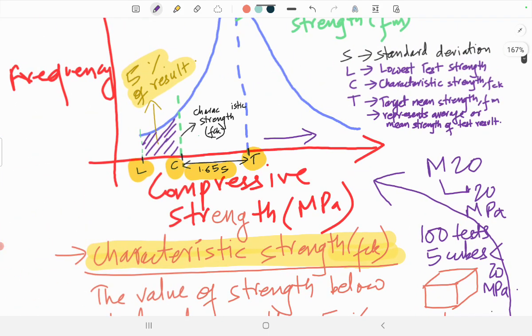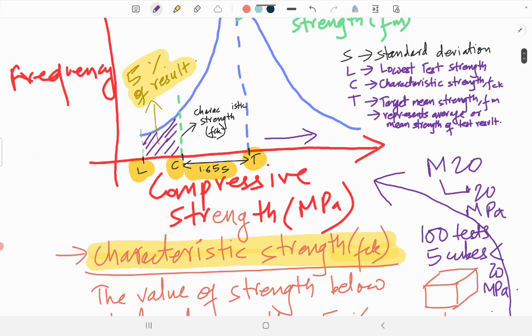It means that only 5 of the cubes failed. Beyond that 20 MPa other cubes didn't fail, so that value is considered the characteristic strength, 20 MPa.